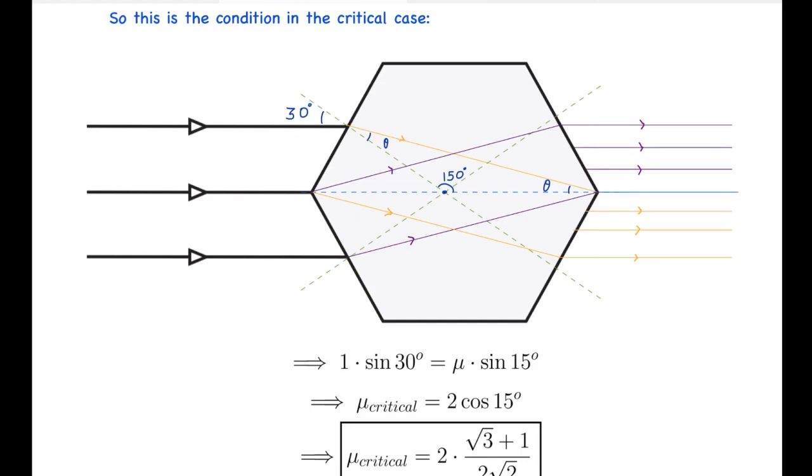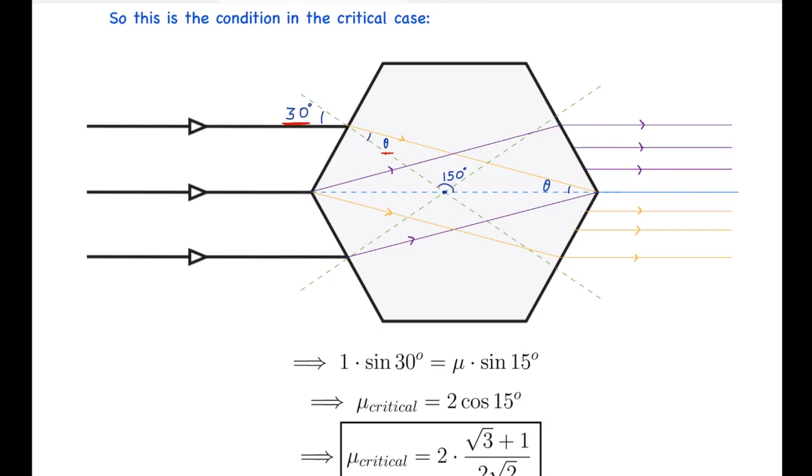Now to find that critical refractive index of the prism, we can see by Snell's law that sin 30 = mu sin theta. From here these two lengths are equal, hence these two angles will be theta each, and this angle comes out to be 150 degrees, by the property of hexagons.